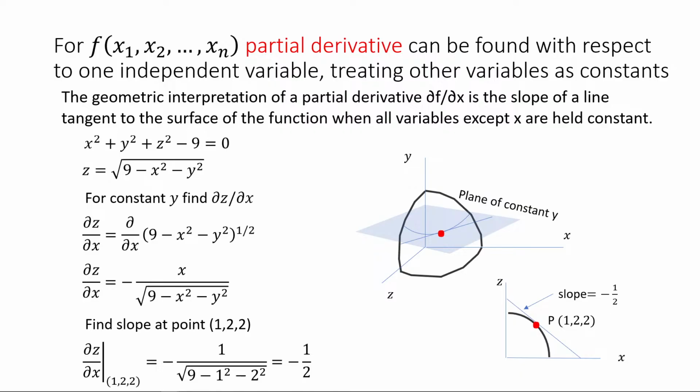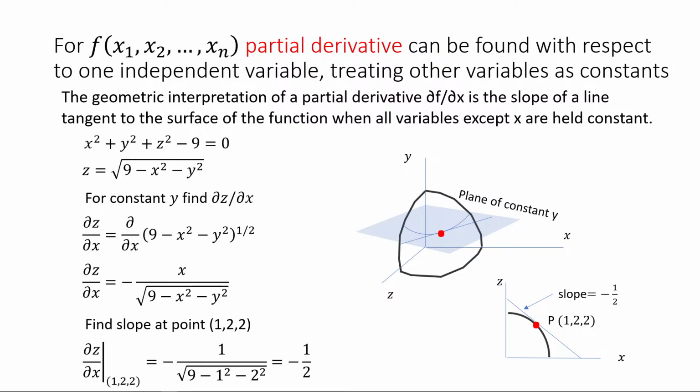We also looked at the partial derivative. The partial derivative could be found with respect to one independent variable, while I treat all the other variables as constant. So for example, I have this equation of a sphere, and excuse my bad drawing, but this should be part of a sphere here.